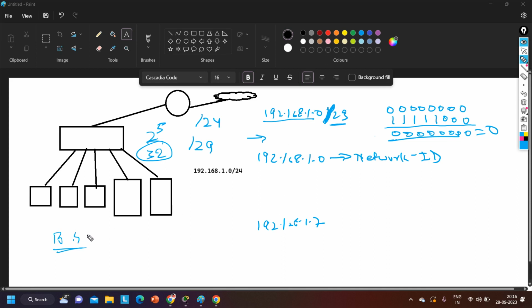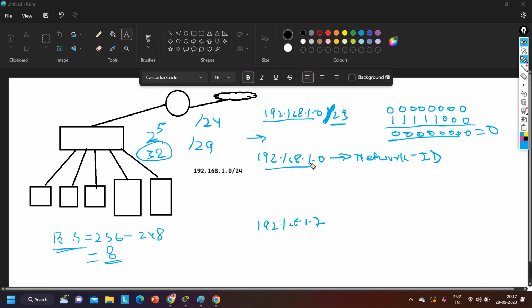The formula to calculate block size is 256 minus the subnet mask of the last octet. What is the subnet mask of the last octet? 248 here. What value do you get? 8. So this is your block size, and you just need to add the block size to this network.